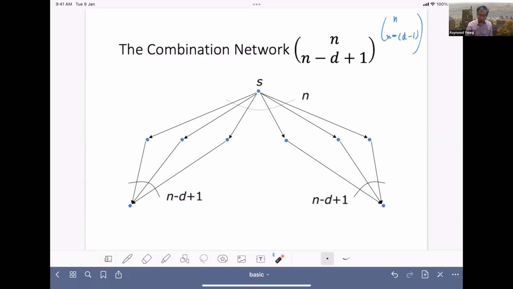So at the bottom level, we have n choose n minus d plus 1 nodes, where each one of them has access to a distinct subset of n minus d plus 1 of the n symbols. Okay, so this is called a combination network.